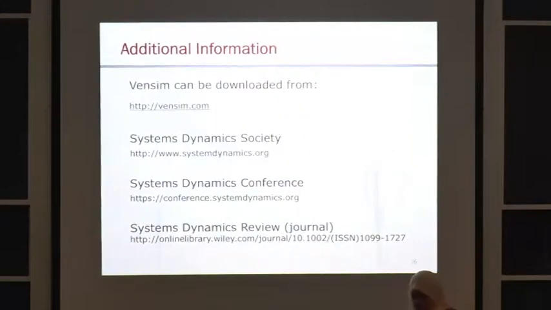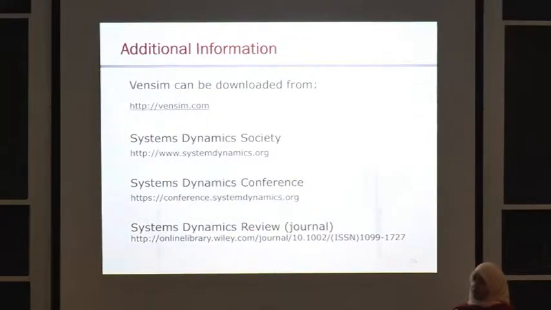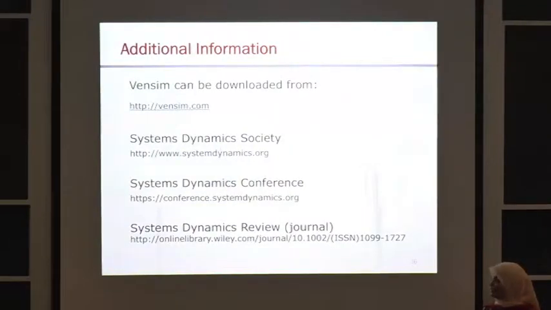And I'm going to end with some of these links that I've put down. Go at your own pace and explore them. There's a whole community of people out there who use system dynamics, who do research using system dynamics, who write journal articles, attend conferences, and are members of the System Dynamics Society. It's a pretty active group. The System Dynamics Society has been around for several decades.